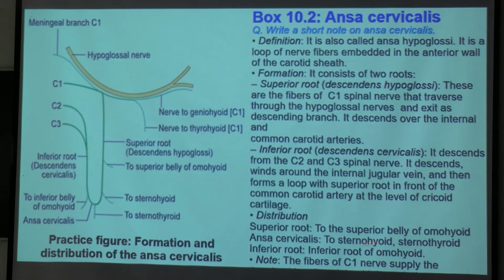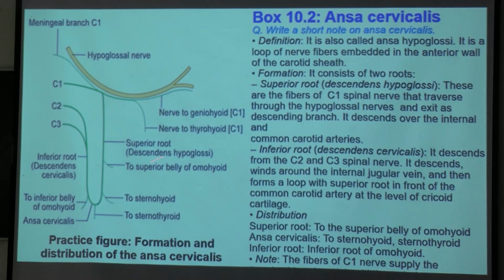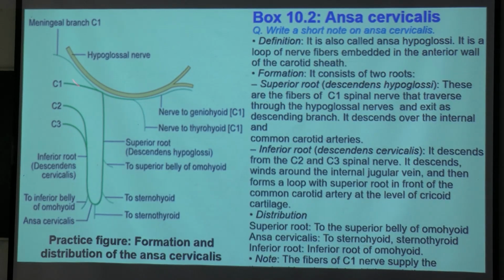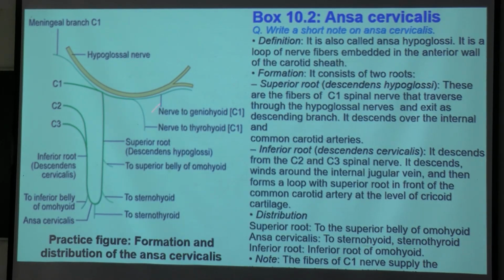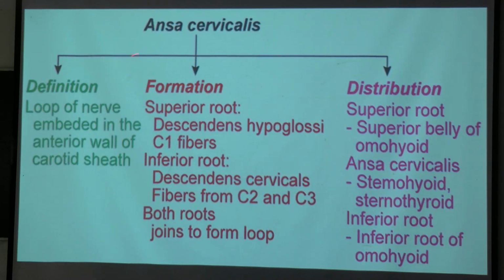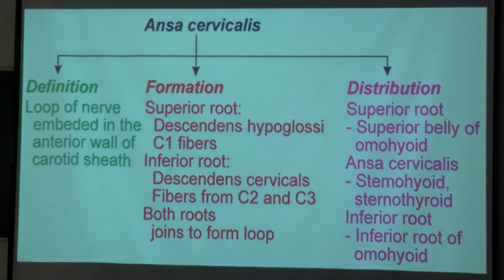Okay, so the C1 fibers, they are coming along with the hypoglossal nerve. They also give supply through the nerve to geniohyoid and nerve to thyrohyoid. Okay. So Ansa cervicalis, a loop of nerve embedded in the anterior wall of the carotid sheath.